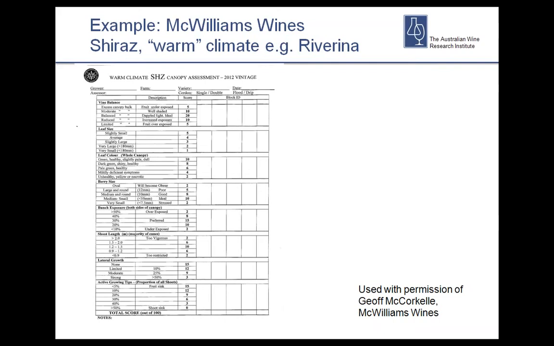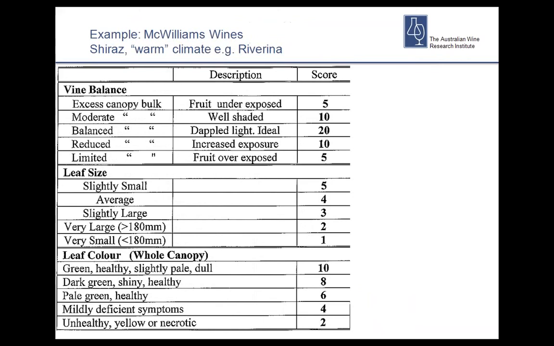It has been modified from a version in Sunlight into Wine by Smart and Robinson in 1991. McWilliams have found by experience that the score that they can generate from this score sheet correlates well with their final wine grade.